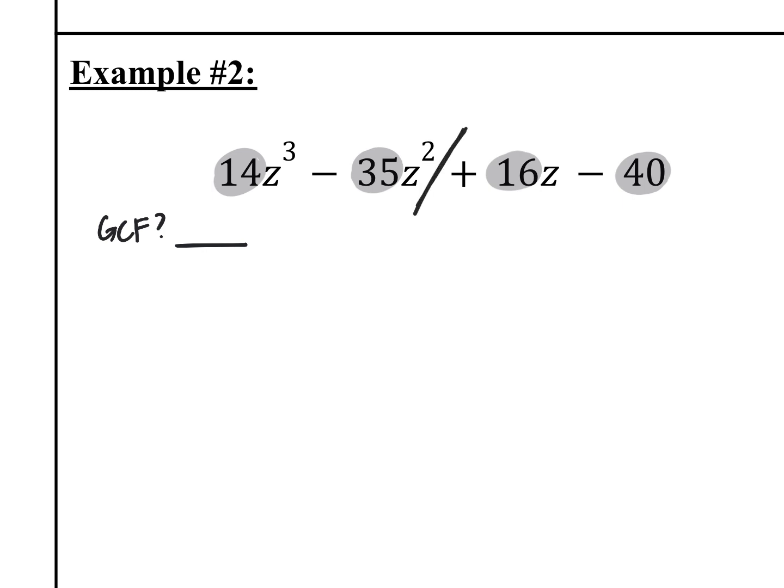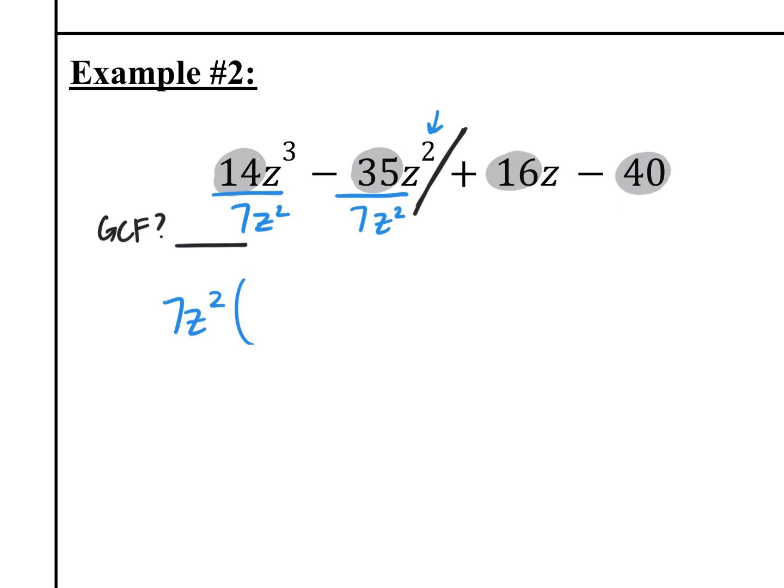So if I split this in half, and I look at the left-hand side, what can I take out of 14z to the third and 35z to the second? Well, I can take out 7s from both of those. And then remember, always choose your lowest exponent on that variable. So we can take out z to the second. Now when I take out 7z to the second, what do I get when I divide? Well, let's start off by dividing 14 by 7.